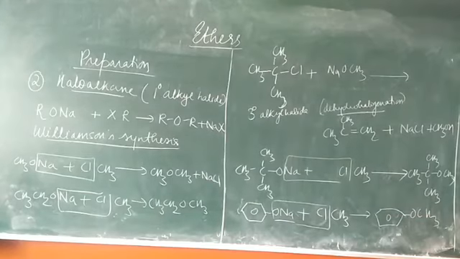So we will obtain an ether when we have sodium phenoxide. But if instead of sodium phenoxide we have chlorobenzene, where the chlorine is linked to the aryl group, this mechanism becomes difficult and it will not lead to ether formation, right?